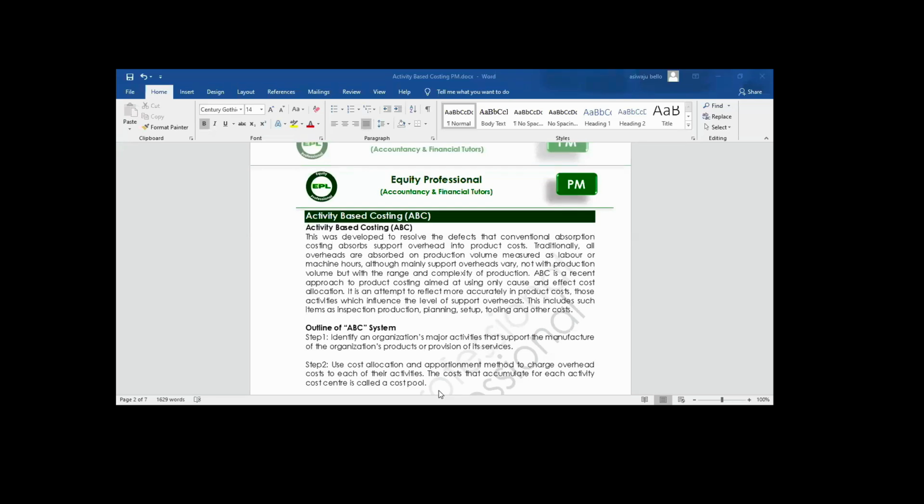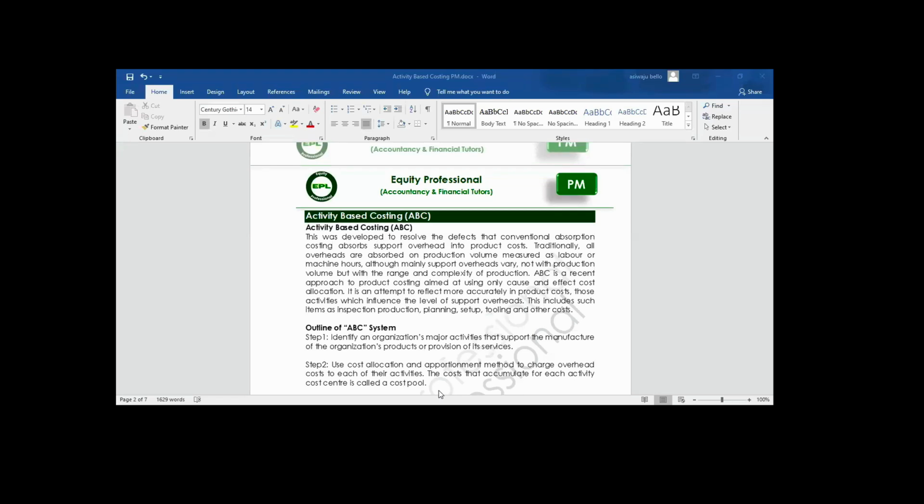Now we have direct costs. These are costs incurred and can be traced to a unit of product or service. If you like, you can note it down, it's not a crime. Direct cost.